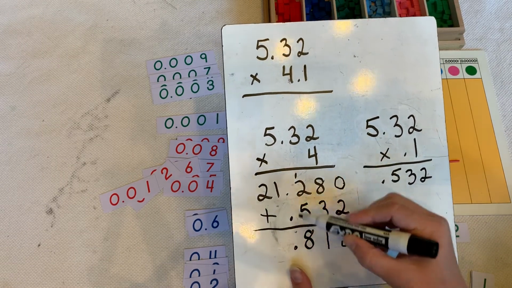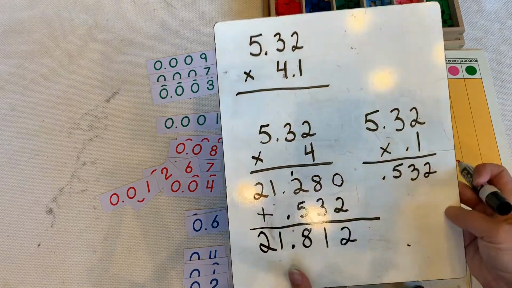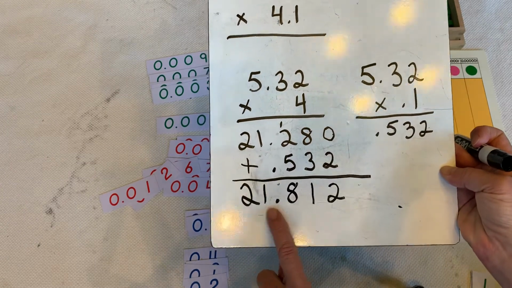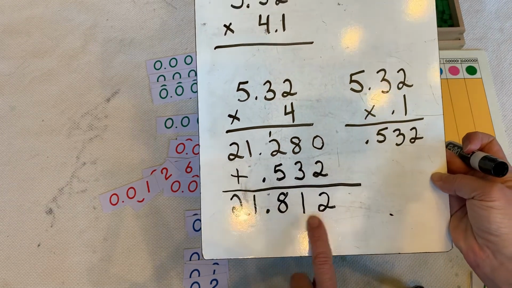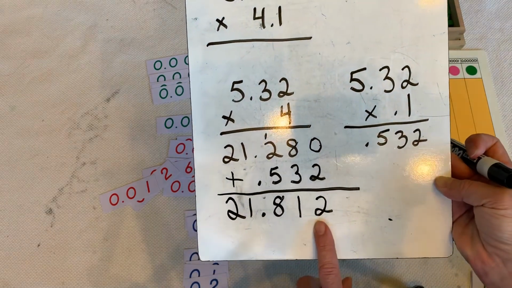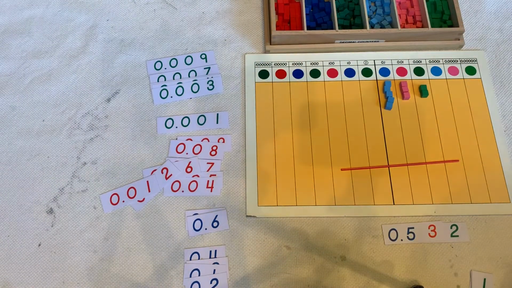We add our decimal point, and we bring down our 21, because we don't have anything else to add to it. So our entire answer would be 21 and 812 thousandths. Okay, and I'm going to show you how we do that abstractly.